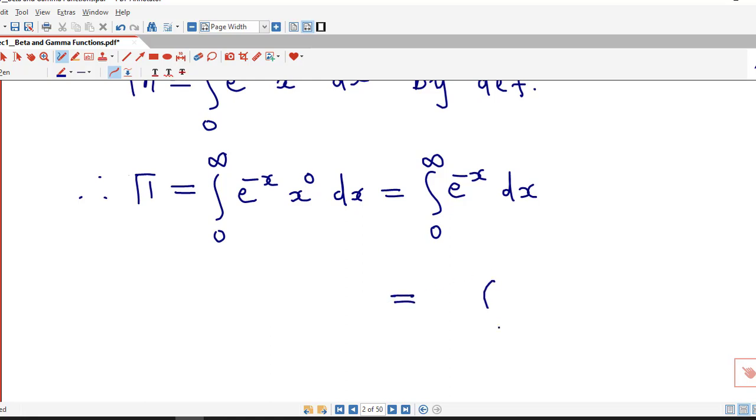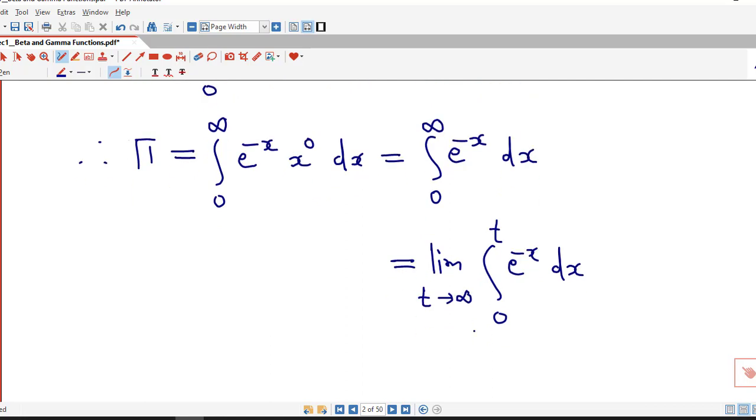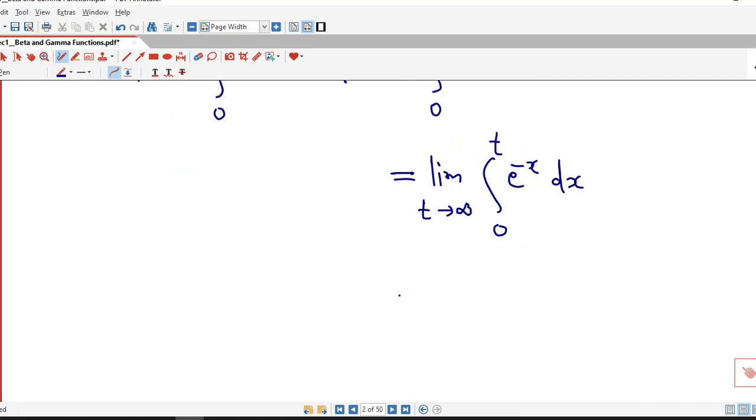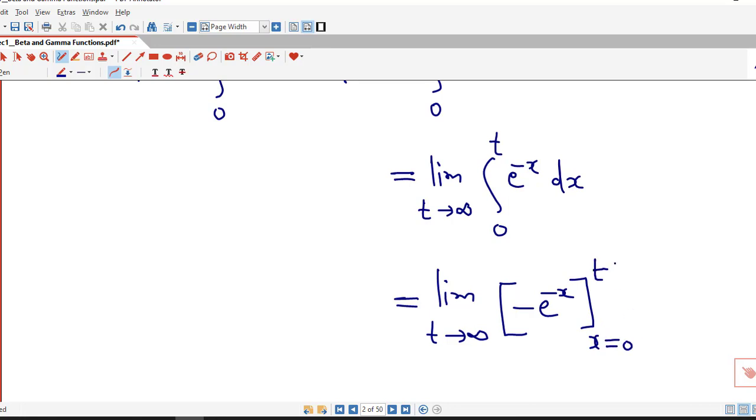And we use the definition of improper integral. It is an improper integral of type 1, so we replace the upper limit by t and consider t tending to infinity. The integral is minus e raised to minus x, with x from 0 to t.